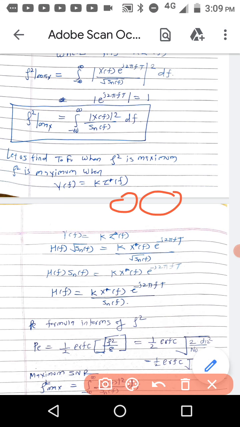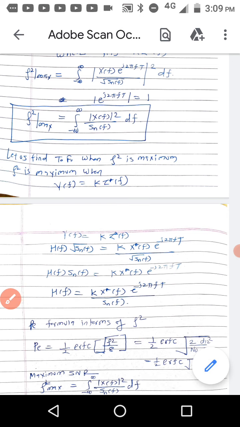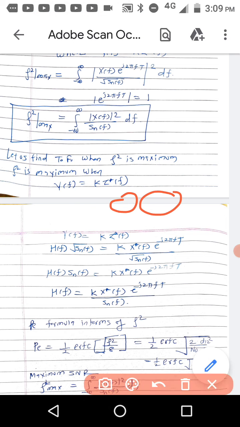So if you put this, you get H(f) S_n(f) into this, S_n(f) will go here. So you will get H(f) into S_n(f) is equal to k X star f e raised to minus j2πft. So H(f) you got.